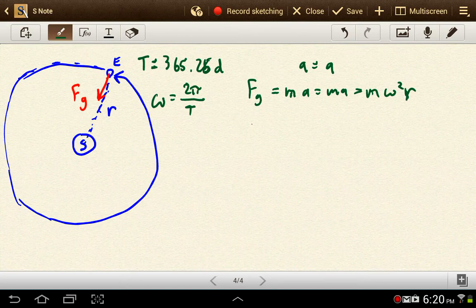So here we go with good old capital G, mass of the Sun times mass of the Earth over r squared, where r is the radius of the Earth's orbit, and that equals mass of the Earth times omega squared times r. These should all be capital M, so I'm changing notation halfway through.